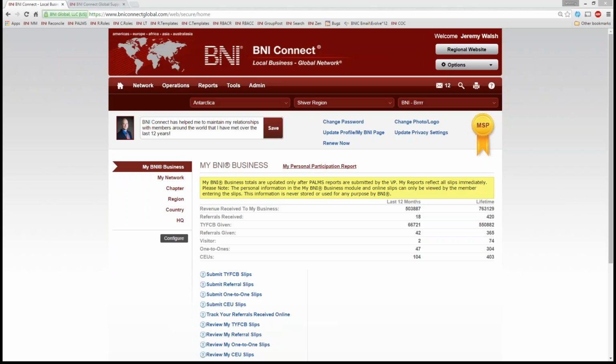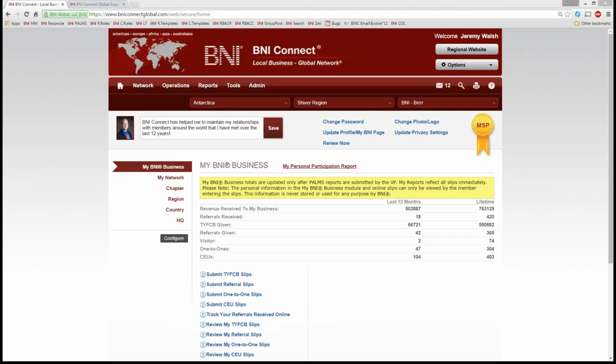For example, I work with a few regions here in the United States that, to ease the vice president's burden, have delegated entering the POMS statistics to a special position in the chapter. In my region, for example, the visitor hosts enter visitor information, whereas in other regions, it's the secretary treasurer's job to do that.